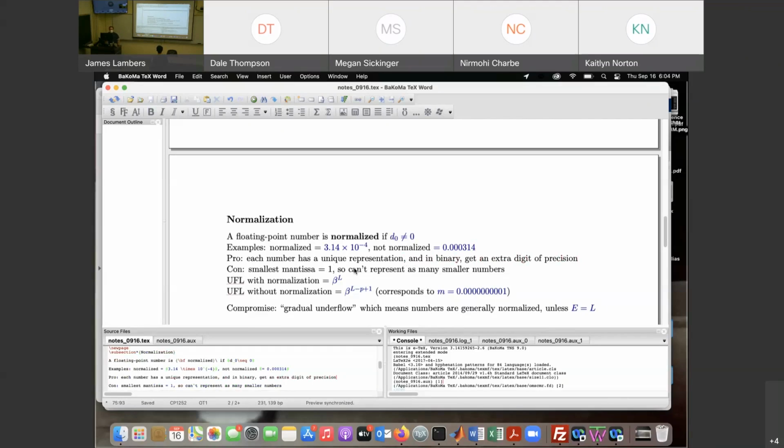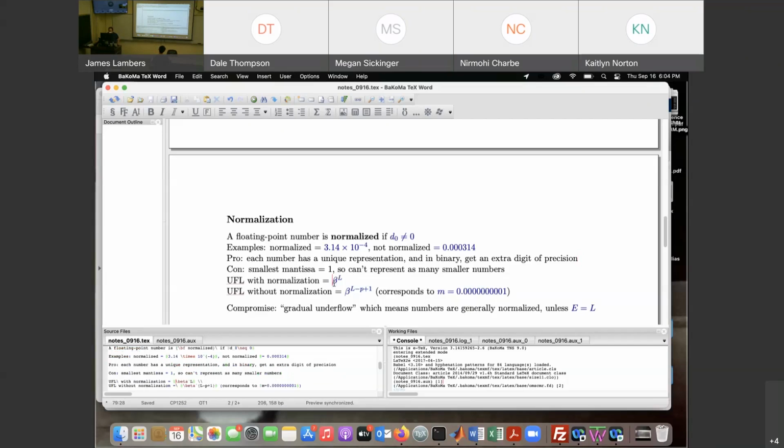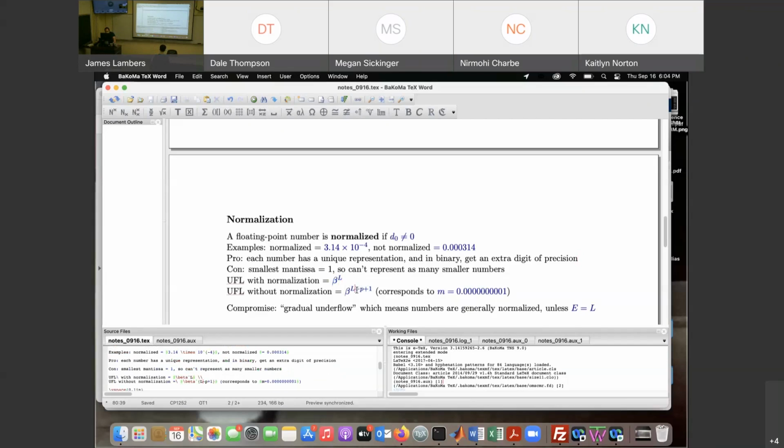Because it's technically possible to represent smaller numbers, but if you require normalization, then you can't do it. So if you are normalizing, then this is the underflow level. But if you are not normalizing, then you can have a smaller exponent because you're allowed to have a mantissa, like in decimal, something like this. Like a bunch of zeros and then a 1 in the very last position.